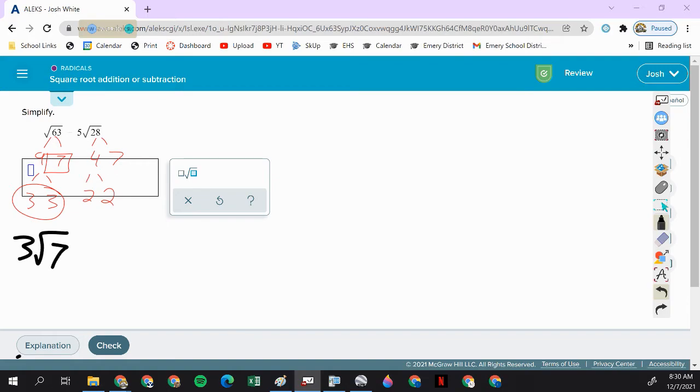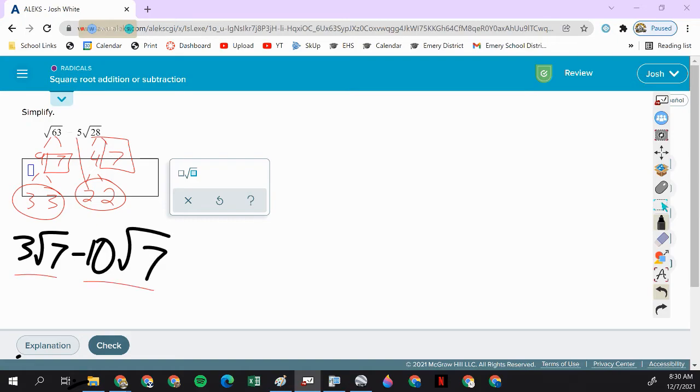And then the next one, I bring out a 2. What do I do with that 2? Multiply it by what's already out there, 5. So I get minus 10, and the square root of 7 stays.